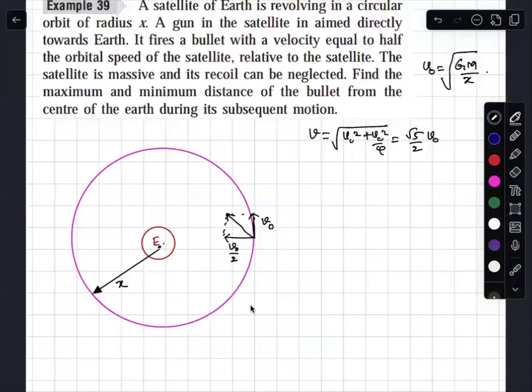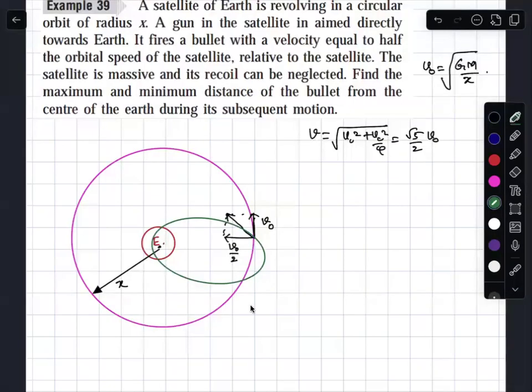Right. Now, as a result, what will happen is that the orbit will be corrected and it will follow an orbit like this. It may follow an orbit like this. Till this point, any doubt? Right.